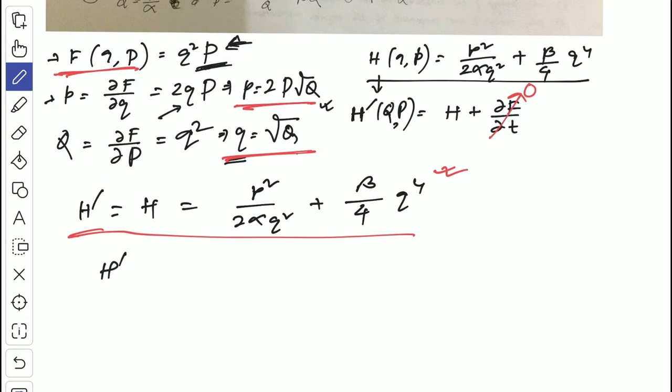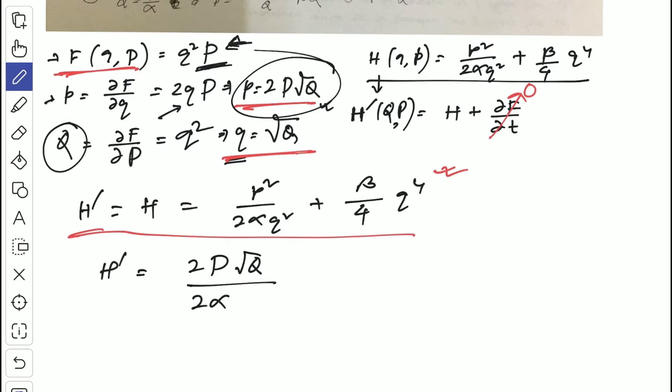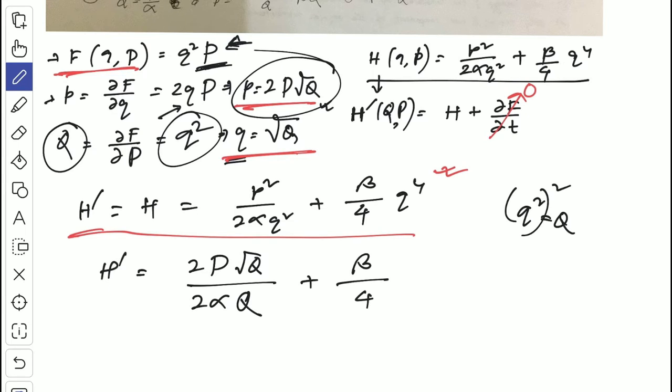H dash will be equal to, so p we have got this, 2 capital P root capital Q by twice alpha. So q square is capital Q, so we can write directly capital Q, and plus beta by 4, and you know q square is capital Q, so q to the power 4, that is q square whole square, will be capital Q square. So you get this capital Q square.